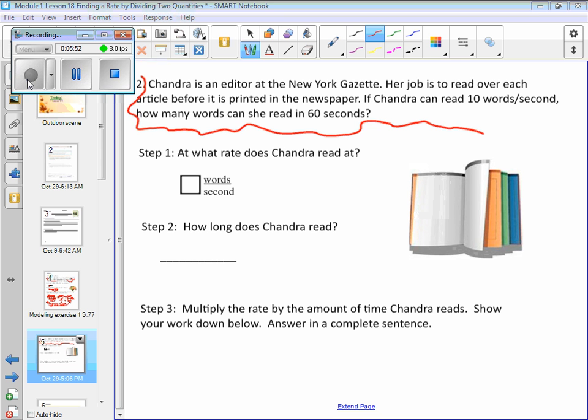All right, Anna, give me one VIP that you've underlined. Ten words per how many seconds? It's 10 words, but it's 10 words per second, so it's a 10-to-1 ratio. Okay, next VIP.